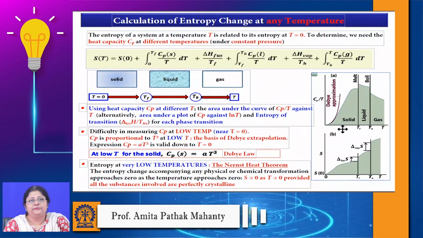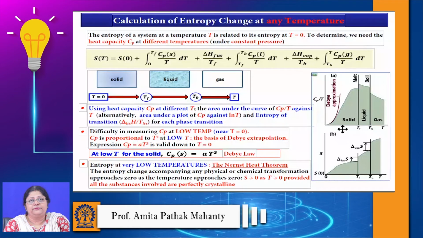So what does the third law state? The third law is the manifestation of the Nernst heat theorem, which says that the entropy of a system for any transformation is going to approach zero as the temperature approaches zero, provided the substance is perfectly crystalline.